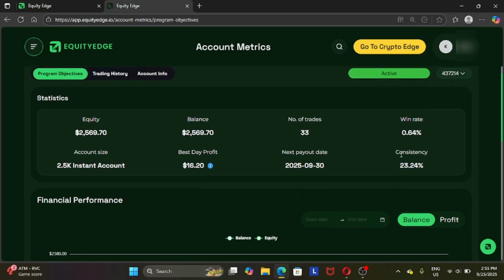Our consistency score right now is 23. The previous one after 23 trades was 61. As I've said, with the consistency score, let's say you want your highest profit day to be $50.